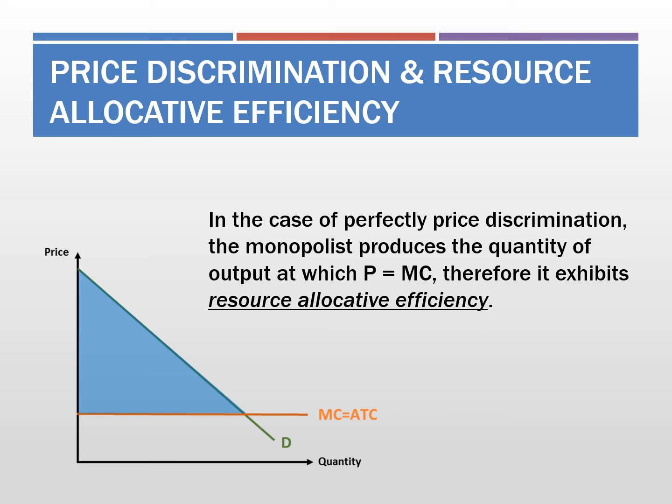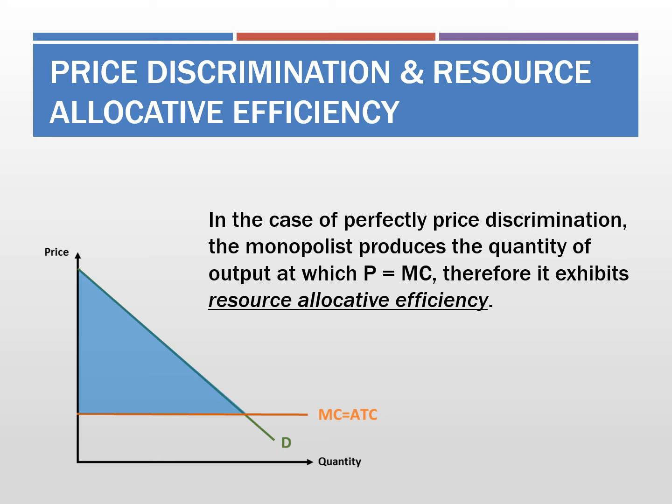And remember, this is a condition we call resource allocative efficiency. So in general, if there is a monopoly firm who is willing to perfectly price discriminate and produce the level of output up to what the population in the market is willing to buy, we are not wasting any resources in society.